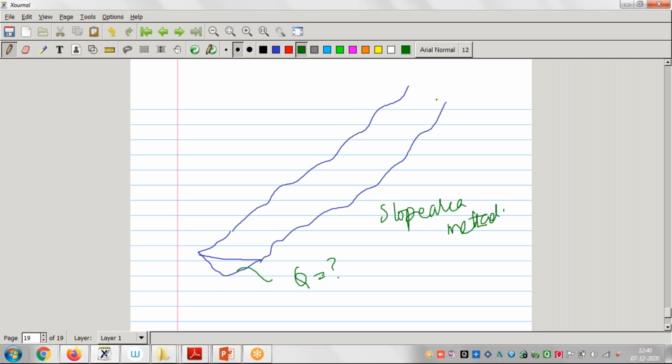Then how will you calculate this? First of all, what is the slope?